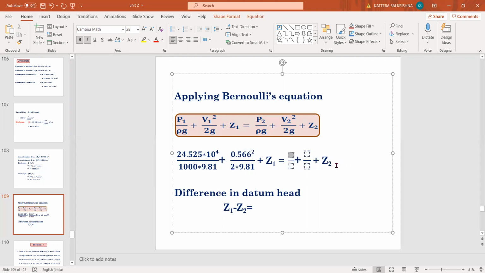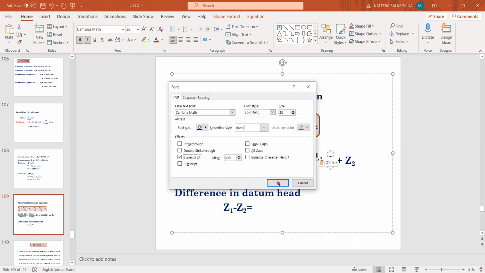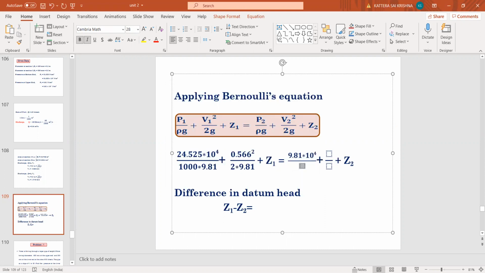Equal to P2 by rho g, 9.81 into 10 power 4 divided by 1000, next to V2. V2 is how much? 1.2732.